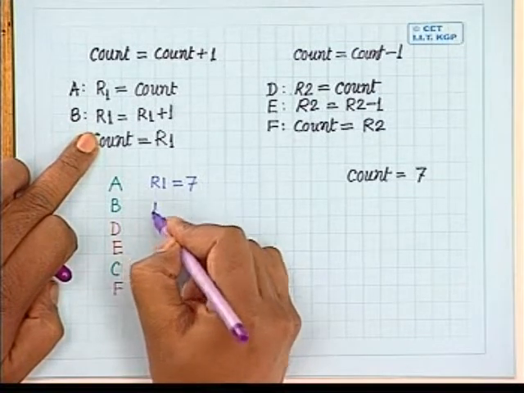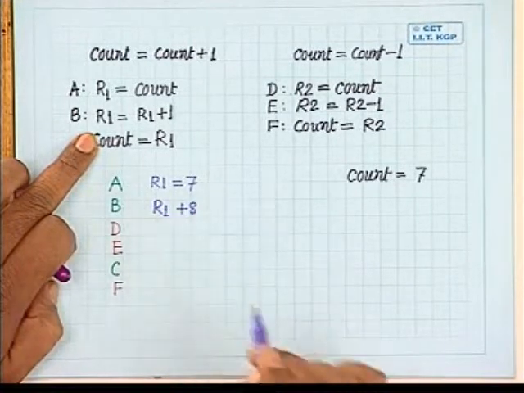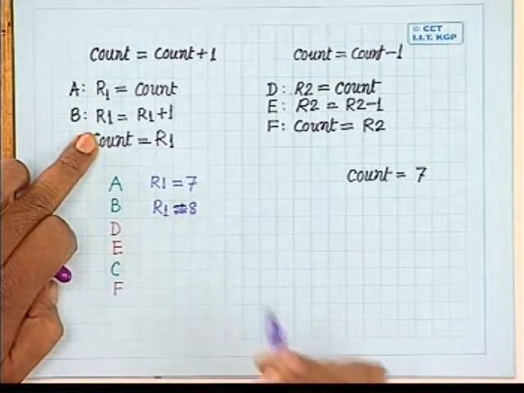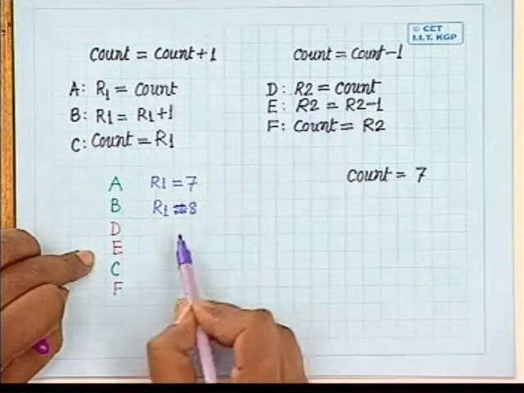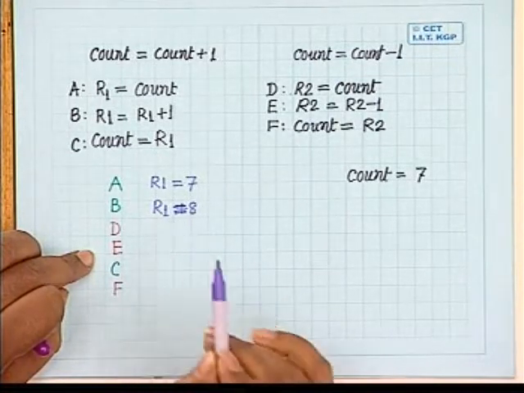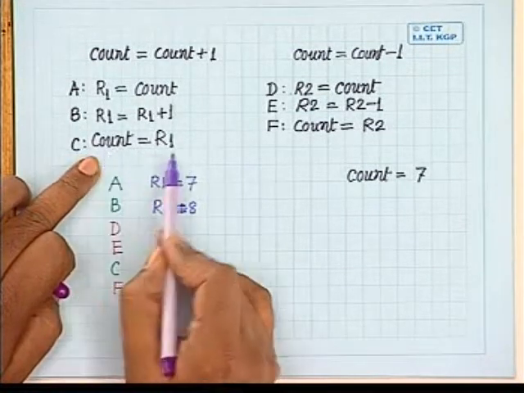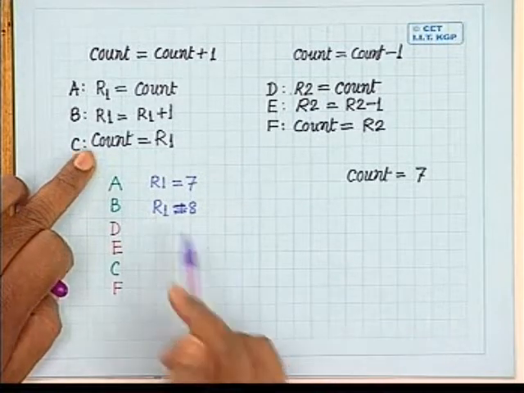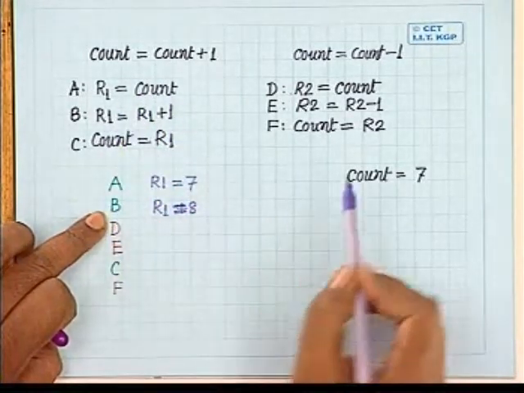So R1 becomes 7 plus 1, that is, R1 becomes 8. After that D is executed. Now find that the value of count has not become 8. It is only the value in register R1 that has become 8. Count will become 8 only after this statement, that is count equal to R1, when the value in R1 is written into location count.